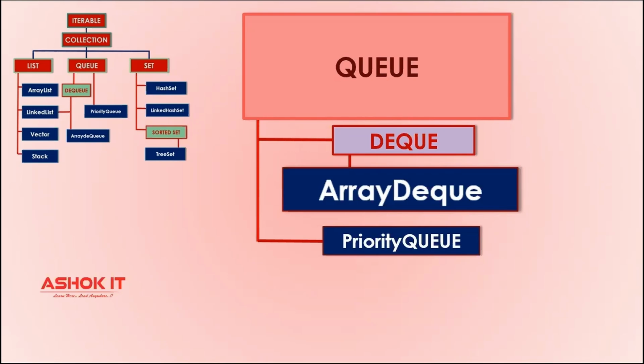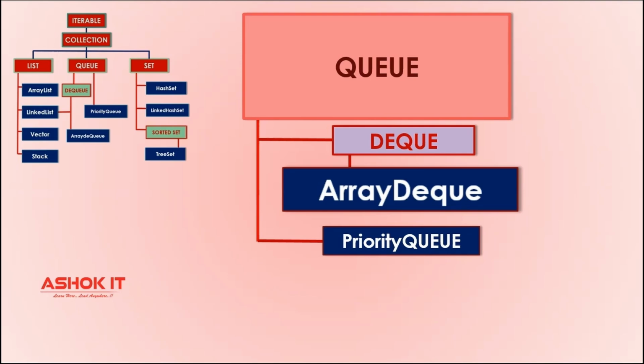So to decide the priority of elements. So in case of priority queue, we follow first in, first out approach, and only from one end we can add elements, and from other end the elements are removed. Whereas in ArrayDQ, from both the ends, we can add elements and remove elements. But in priority queue, we can add elements only from one end and remove from other end.